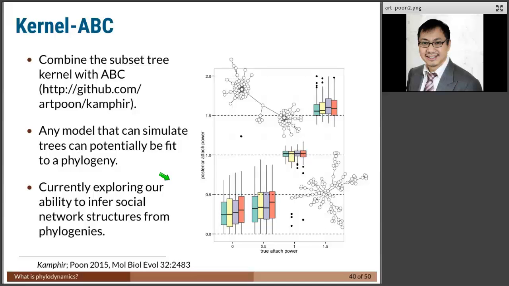So here are two different host networks that have different shapes, and those shapes are controlled by a parameter known as the attachment power. We simulated social networks and then simulated epidemics through those networks and then looked at the phylogeny of that epidemic. Using this method, we found that we're able to recover that parameter of the network from the virus phylogeny pretty well. These boxes are estimates. So this is upcoming stuff. I wanted to mention it, but that's all that I can say about it for this time.